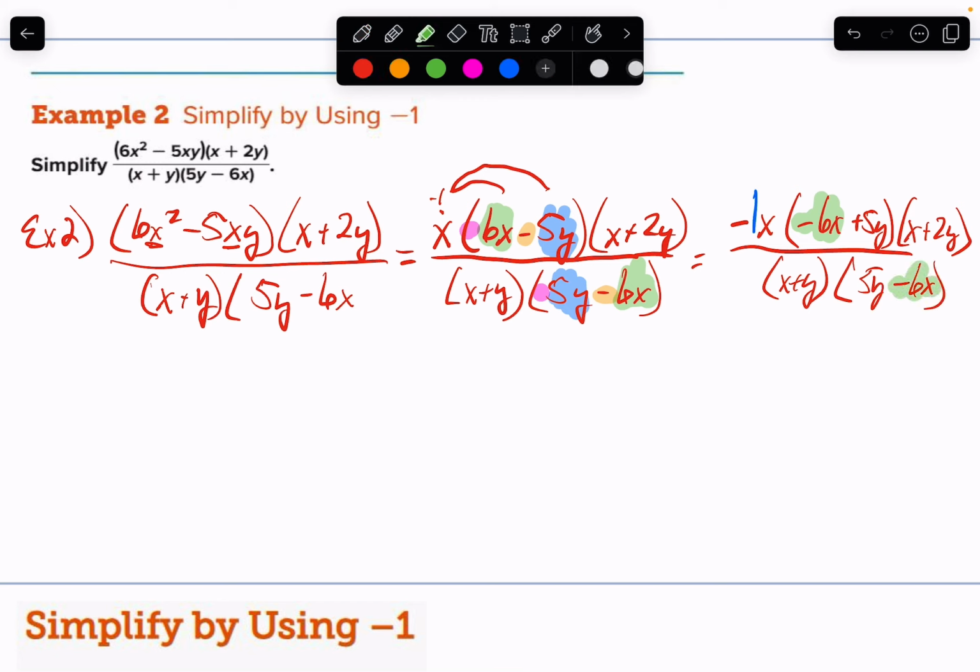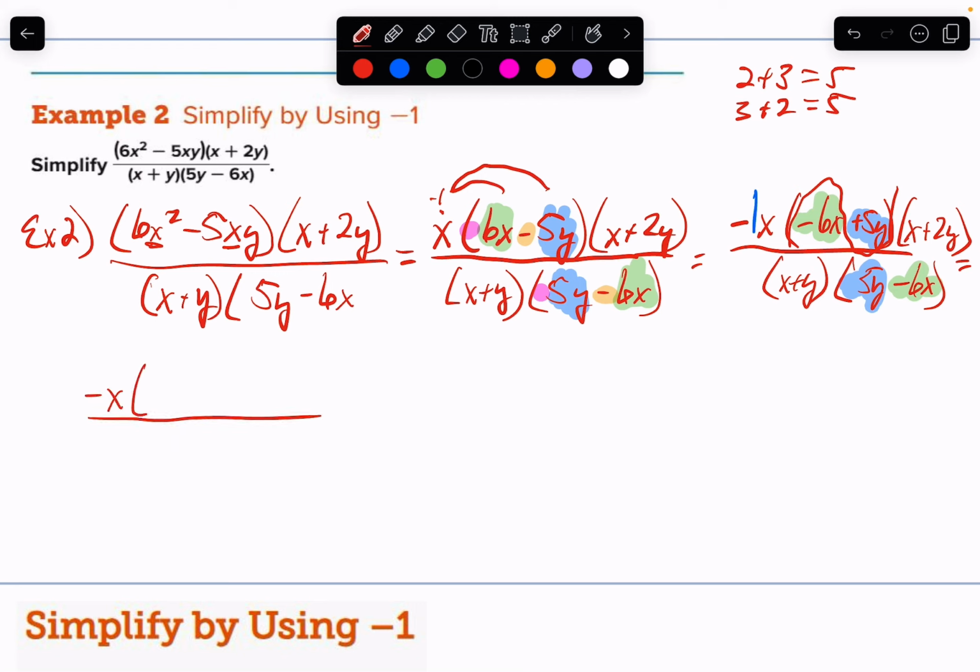Get my highlighter back. So negative 6x matches. I have, it was in blue, positive 5y and a positive 5y. Now they're just in the wrong place, left to right. But you can add in any order you want. Remember, 2 plus 3 equals 5, and 3 plus 2 equals 5. That's the commutative property. So I could flip these around. Give myself an equal sign.